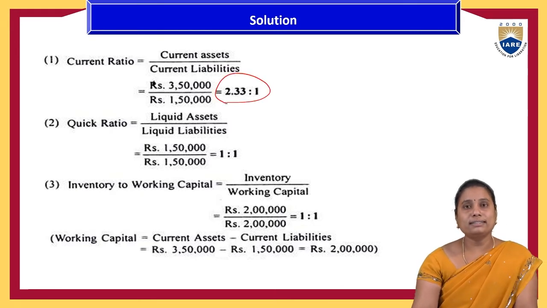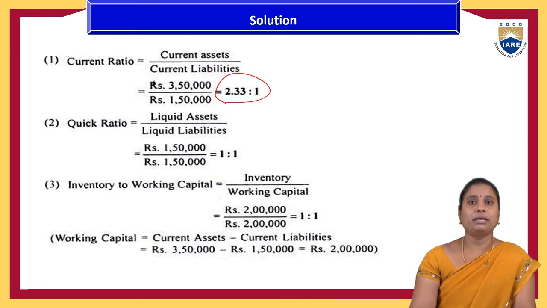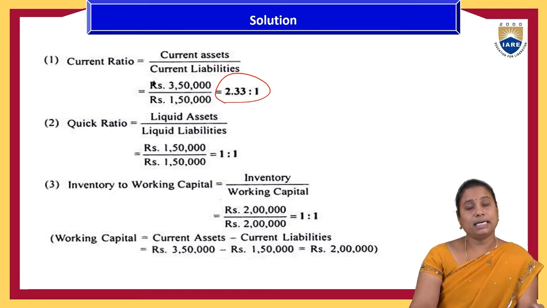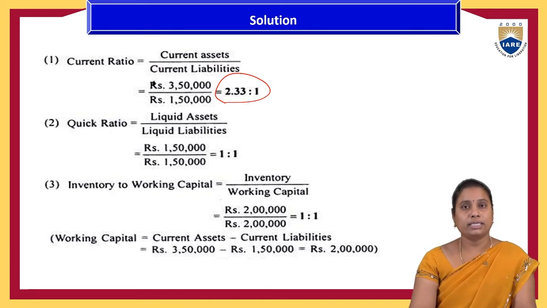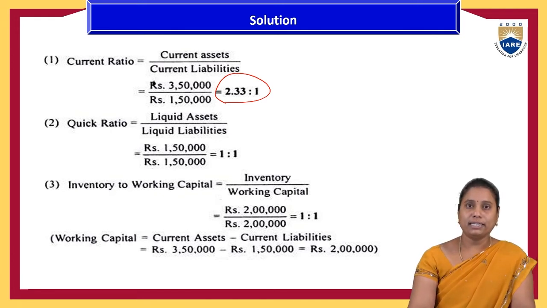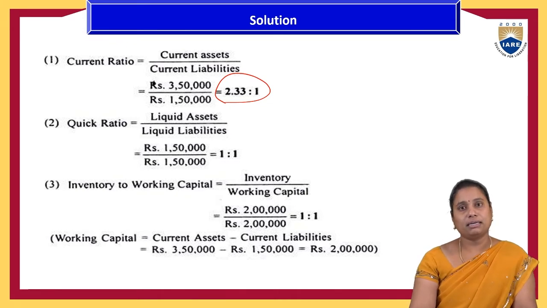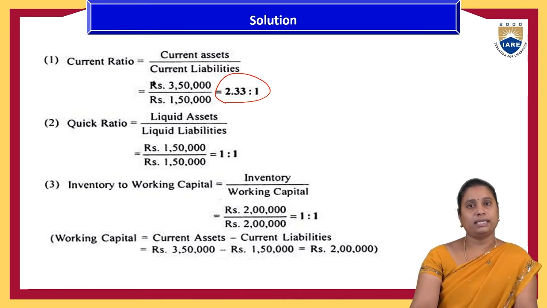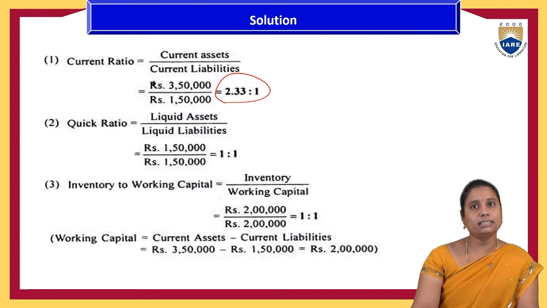This is the strongest part of the organization, because it has more than 2 times current assets for its current liabilities. That means the organization has more liquidity, maintaining more than the standard ratio, and it is ready to spend money for further operational activities. And the quick ratio is liquid assets divided by liquid liabilities.